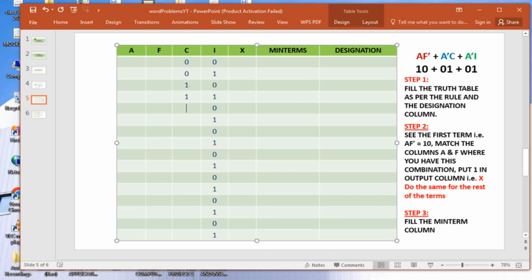So I'll copy this instead of wasting time, and I'll put it here, then here, then here. Double of 2 is 4, so 4 zeros and 4 ones.